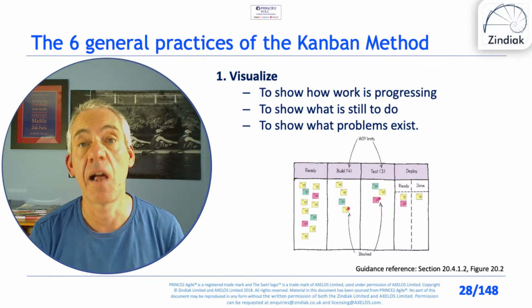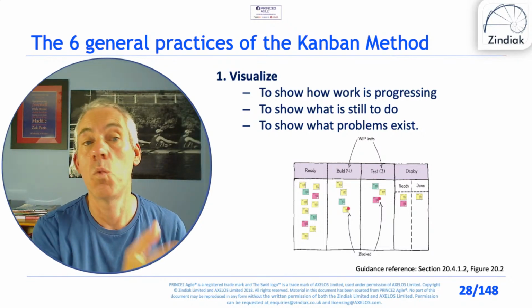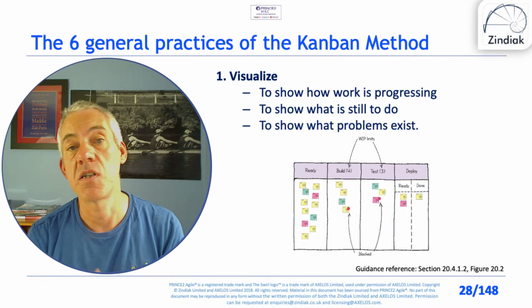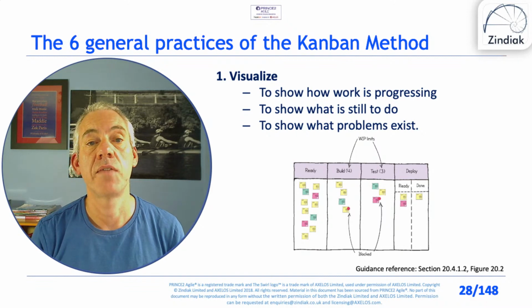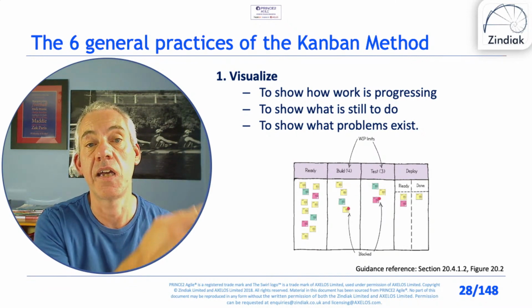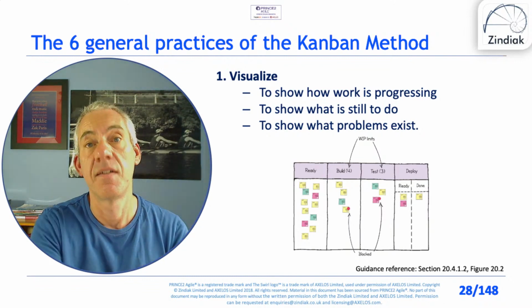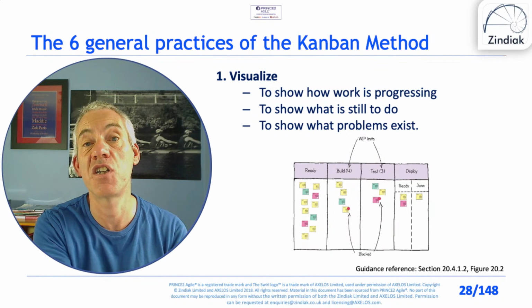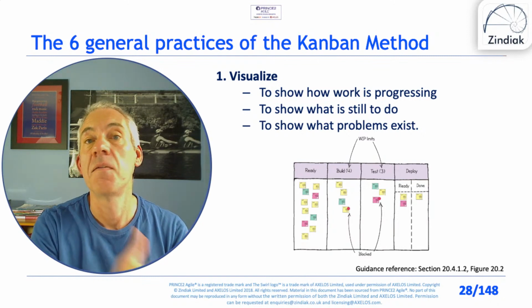But again, Kanban can help you with that to see what you're working on, how much is in build, how much is in test, how much is deployed, and obviously on this chart they've got ready and done, i.e. ready to be deployed, and obviously for this team the definition of done is deployed.